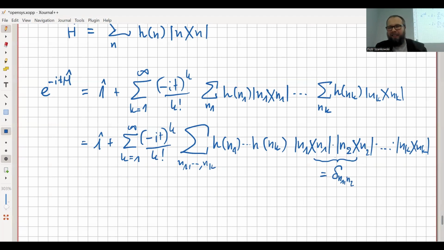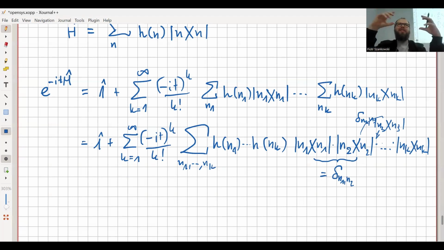Right? And here it will attack. So let me write what's here. We will have n3, bra n3, right? And they will meet together, and another delta, n2 and n3, and so on.